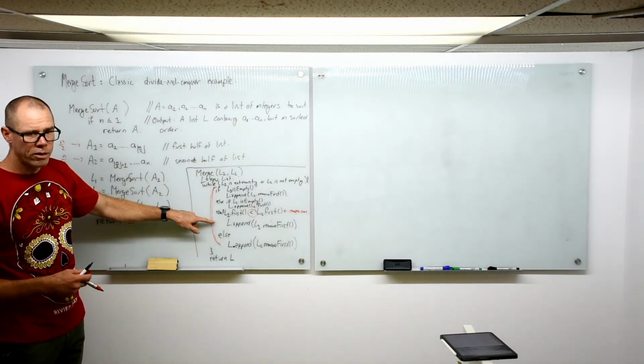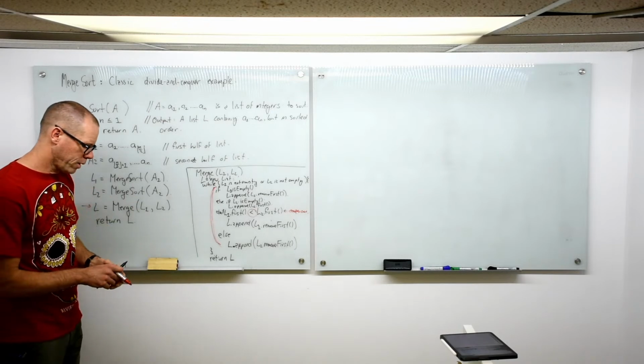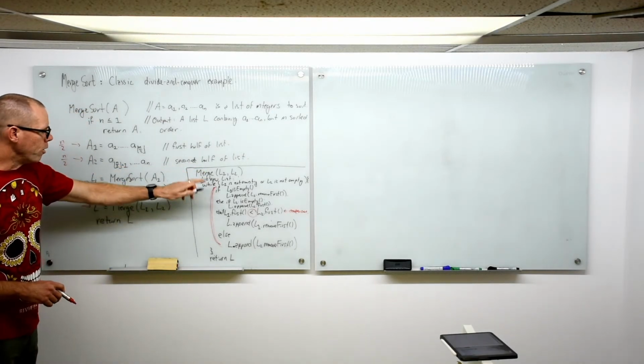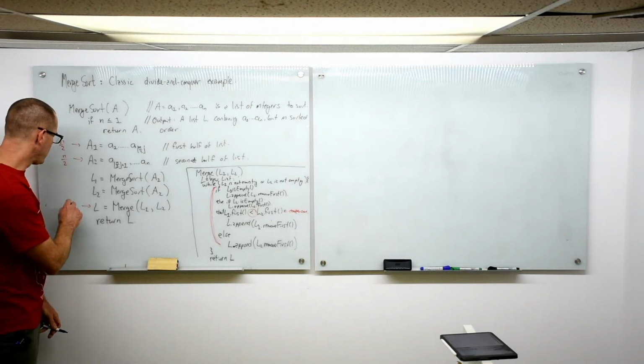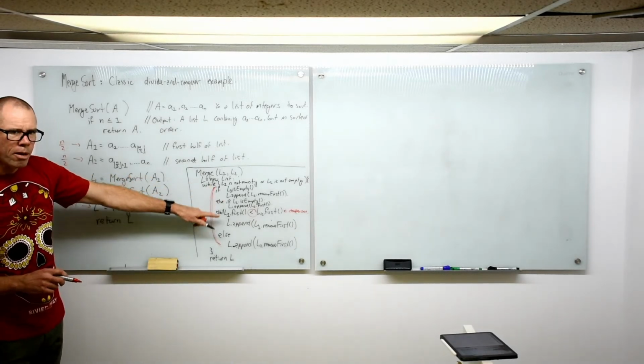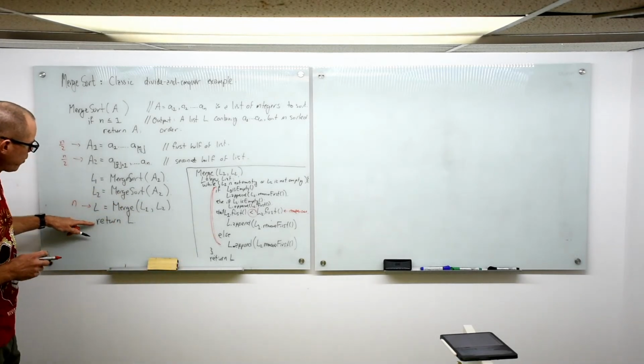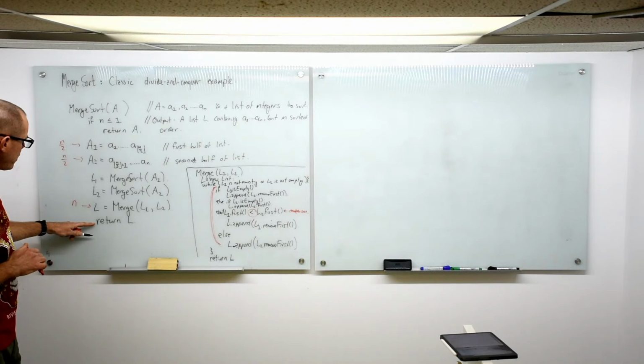So this while loop executes n times. So inside of merge, there's this while loop that executes n times. And that's what we're counting, how many times it executed. And then just returning a list only takes constant time.